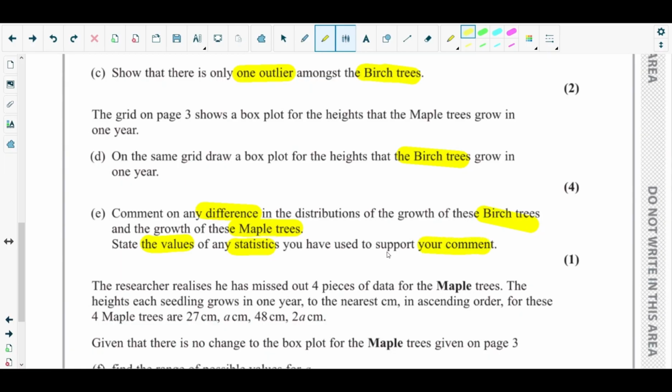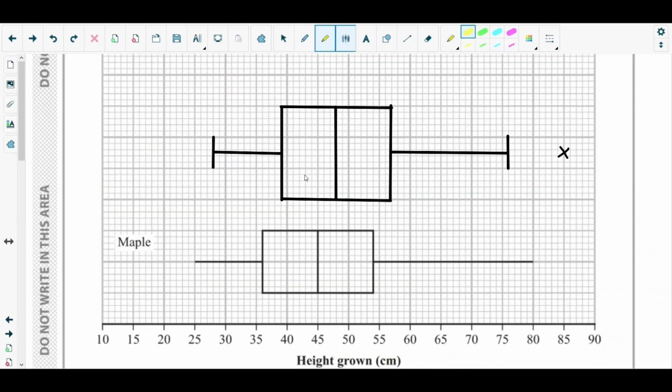So we need to consider whether there is any difference between the distributions of the birch trees and maple trees. Let's see from the box plot. Can you figure out any differences here? Yes, there are some notable differences.